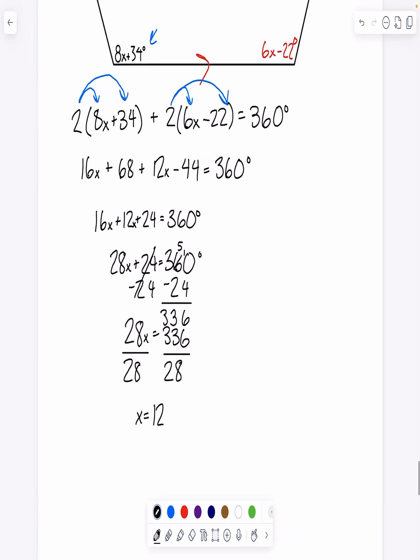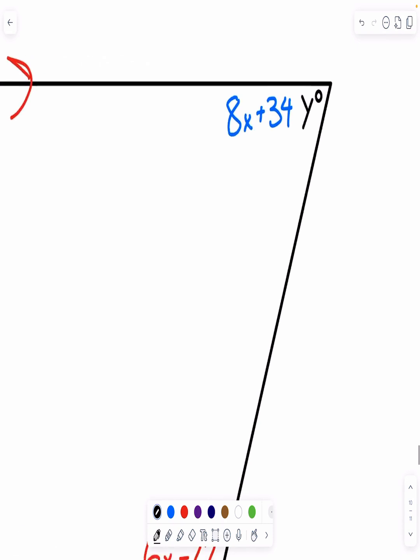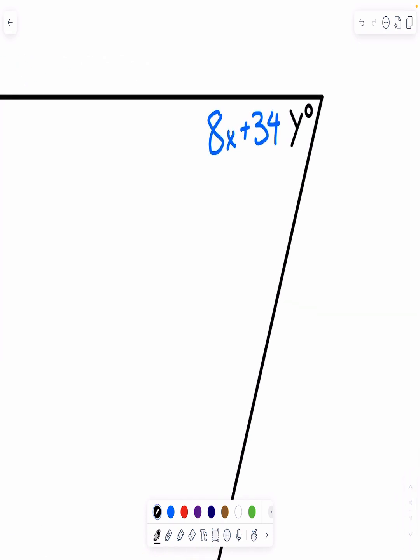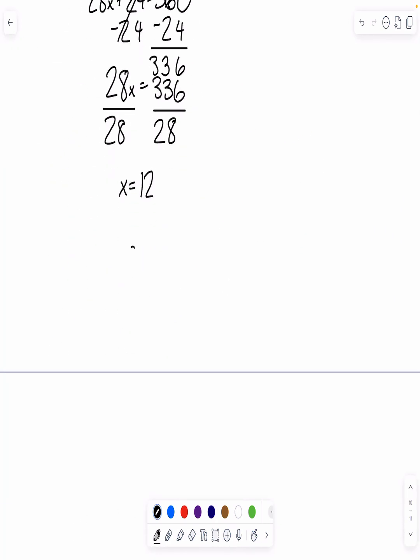So now that I have what x is, I see that 8x plus 34 is the same thing as y. If those are equal to each other, then 8x plus 34 equals y. I'm going to plug this 12 back in for x.